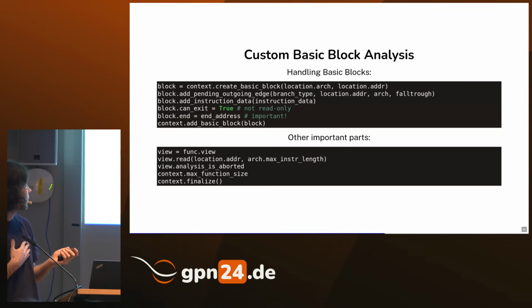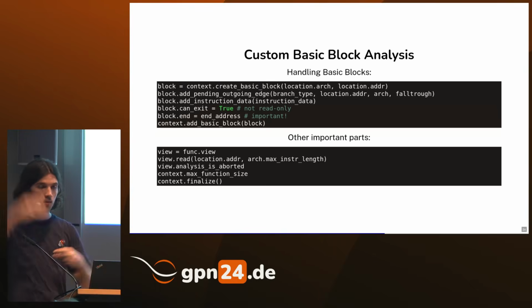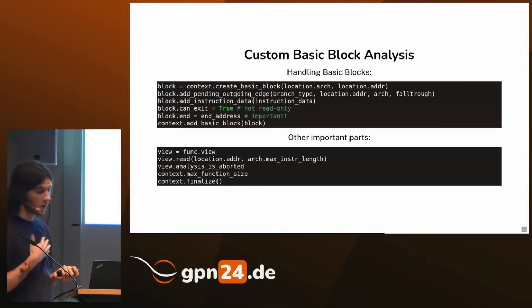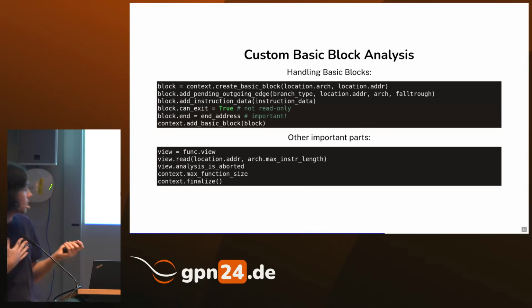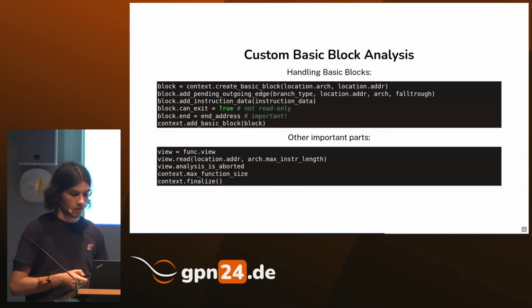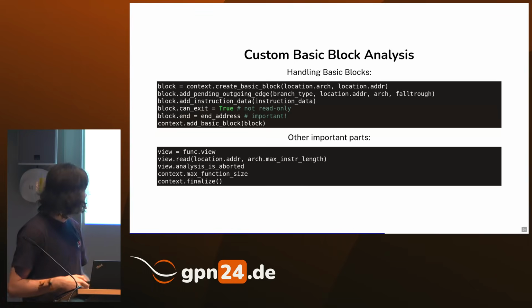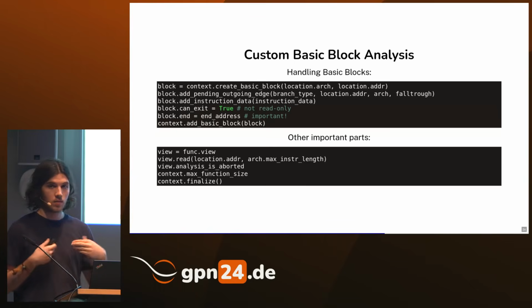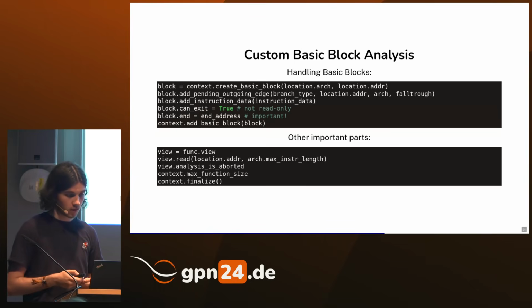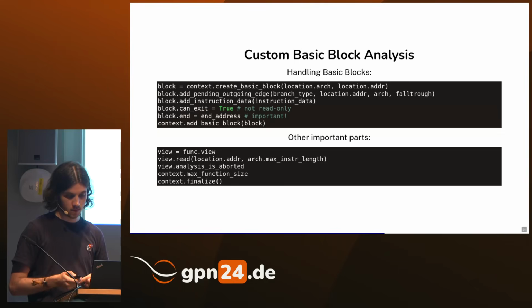As I already explained, we can retrieve the binary view, which is the global view of the binary, from the function object that we get. And then we could, for example, read bytes from the file. Then the other two are information that we should respect and when we should abort our analysis, and when we are done, then we finalize our analysis with context finalize.